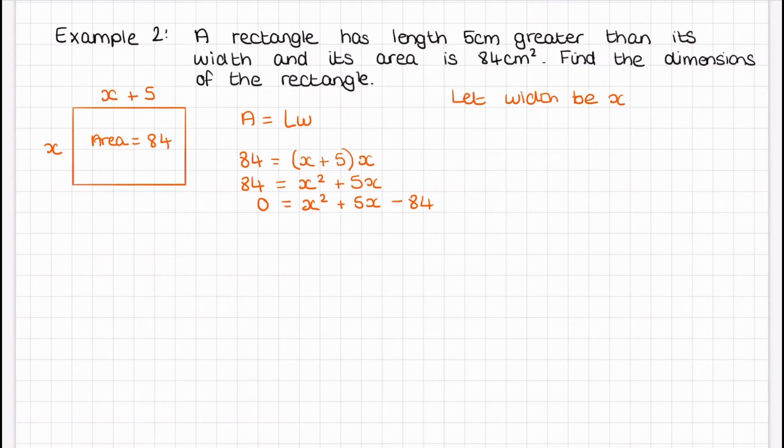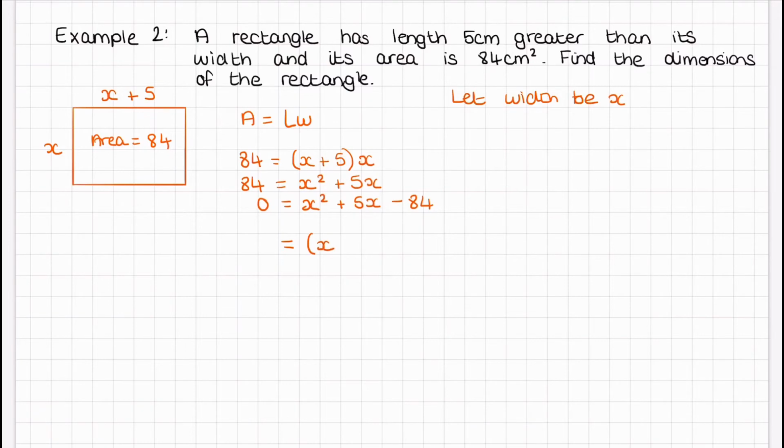So I look at this and go, can I think of two numbers that multiply to get negative 84 that will add to get 5 to use factorisation? You find you can do it, but it's a harder one to see. So once again, complete the square, use your quadratic formula, or if you're allowed a calculator in this type of question and exam, use your calculator. And if you do factorise it, you would see it would be 7 and 12. So it would be negative 7 and positive 12 if we were to factorise it.